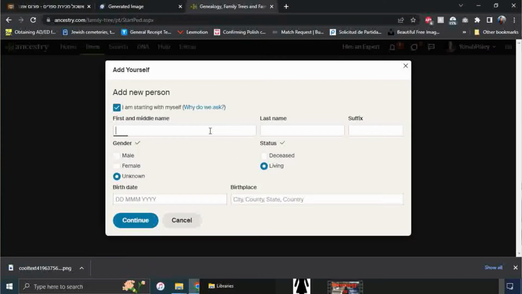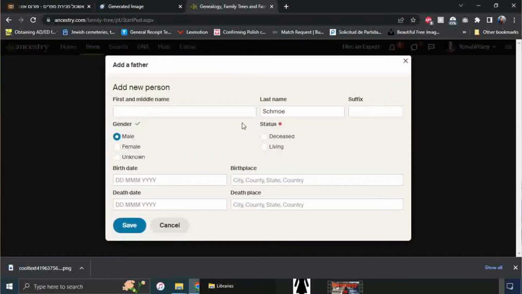Make a free account on Ancestry.com or Family Search or any number of other websites, or even type it out on a computer or write it down with a pen and paper, and start making a tree of all the people that you know. Put down yourself, where you were born, what year you were born, and then also the name of your parents, the name of your siblings, any uncles, aunts, or cousins.